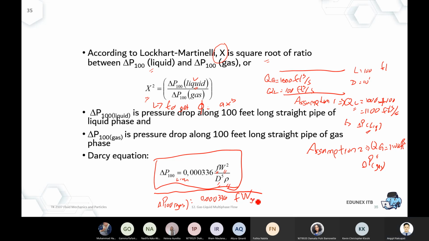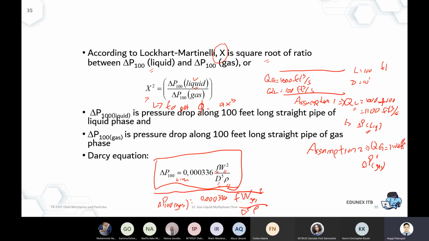Gas squared per d n rho. Then you just have to start to imagine which variable will be different for liquid versus gas. What do you think? Are you going to have a different diameter? Are you going to have a different density? Are you going to have a different mass rate and friction factor?